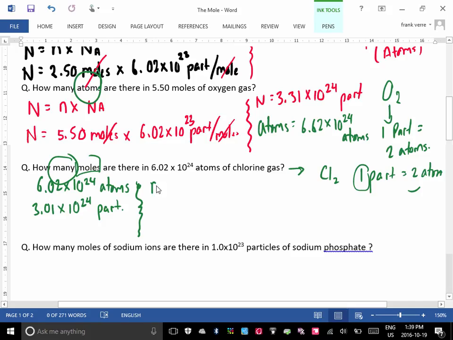So little n would be big N over big N subscript A. So we have the number of particles, which is 3.01 times 10 to the 24, and we have Avogadro's constant, which is 6.02 times 10 to the 23. So what would your final answer be then?